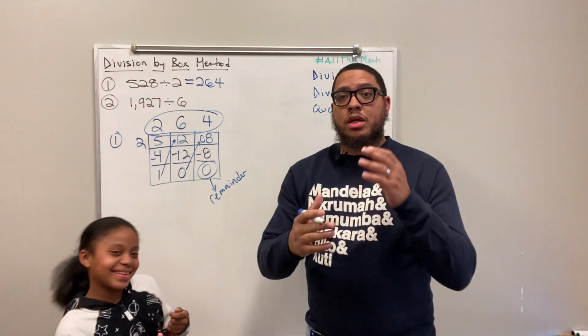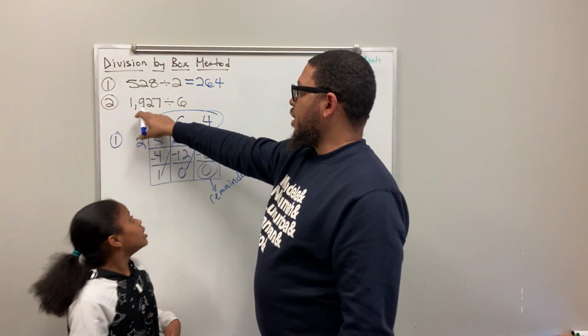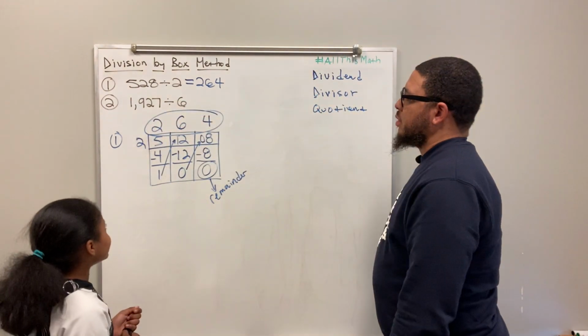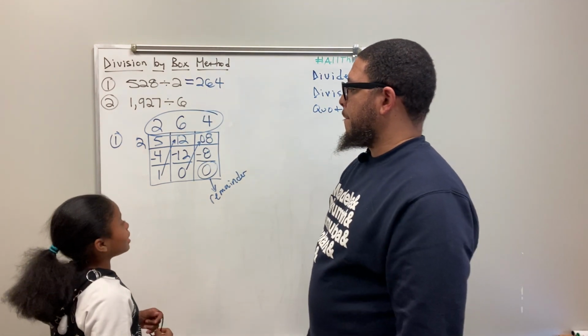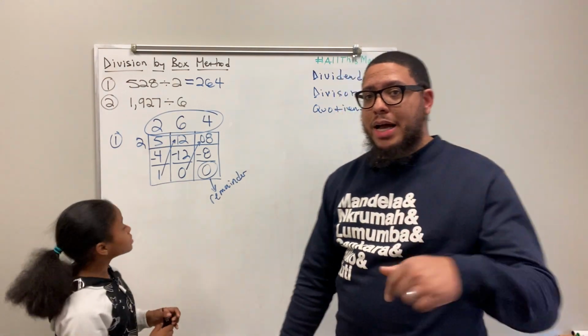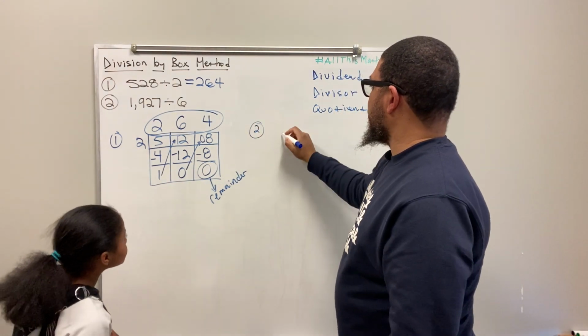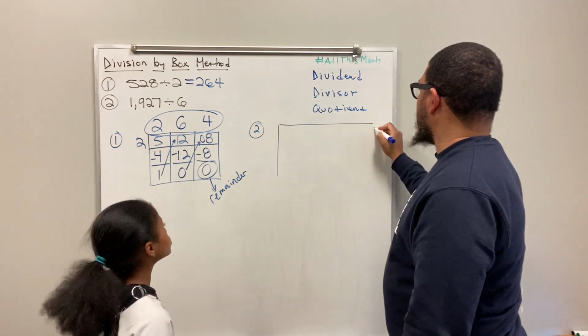All right. So anyway, let's try number 2. Read that for me. 1,927 divided by 6. Okay. So box method, we're going to draw a box. So number 2. We draw another box.